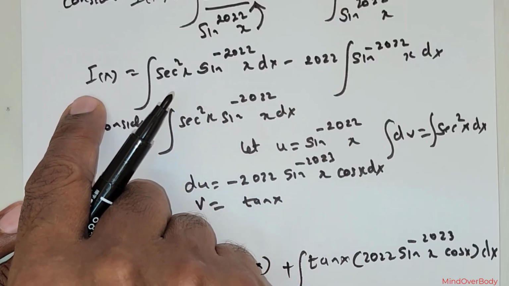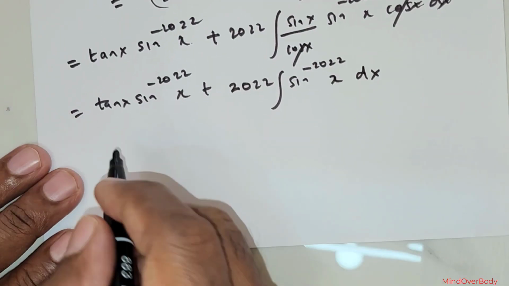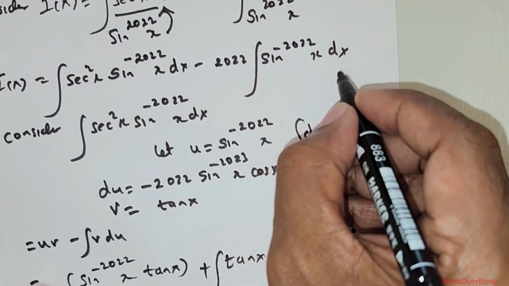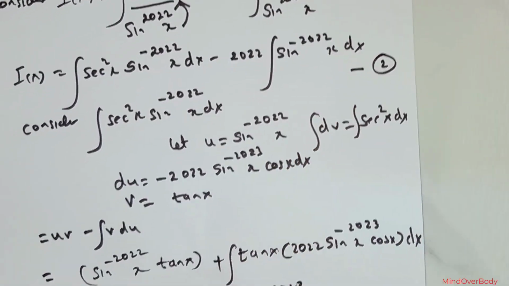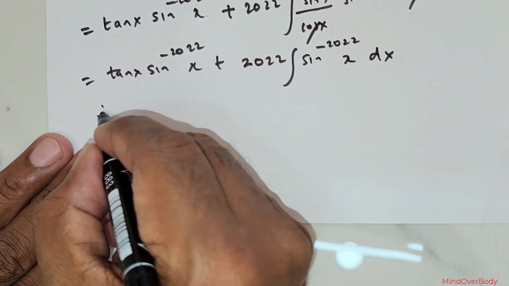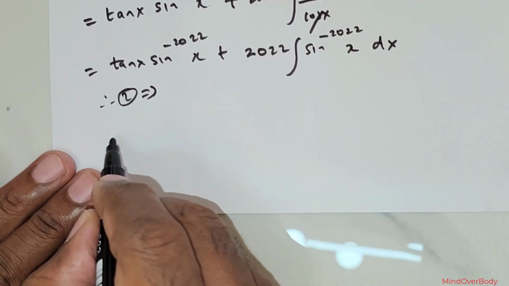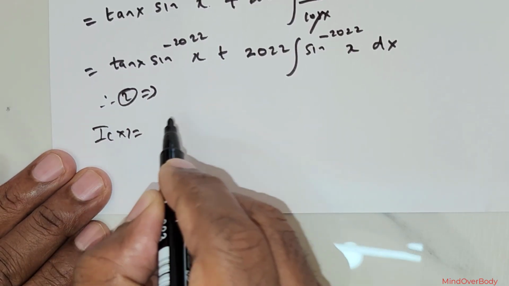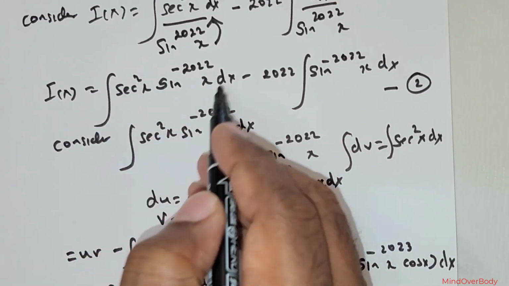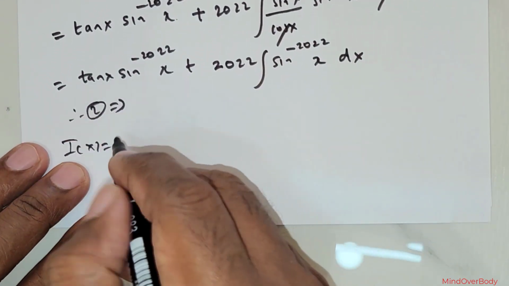So now we have to go and rewrite this I of x. I will state this as equation 2. So I of x is equal to, in place of this, I place this.